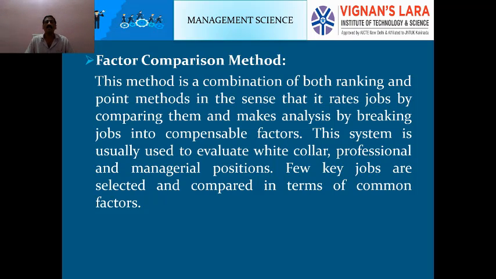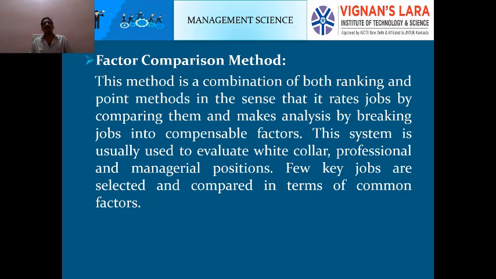Second one, factor comparison method. The output is influenced by various factors, not only one factor. For example, production process, support of top management, availability of input, quality of material, quality of labor force, experience of the labor force.